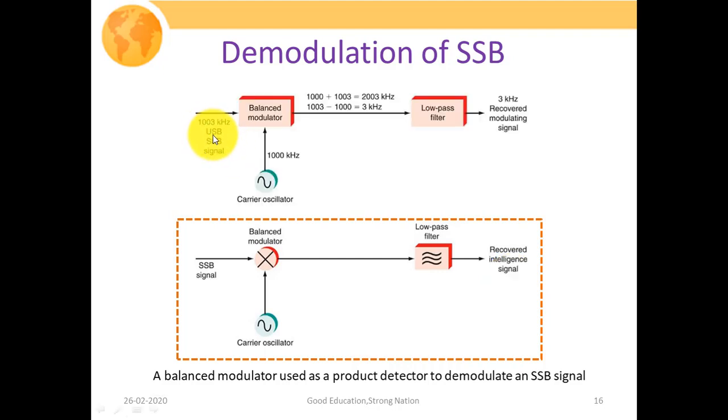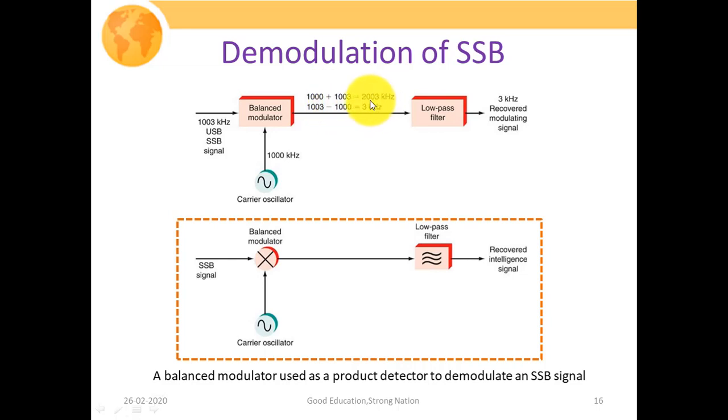Suppose at the input side we have an SSB signal with an upper sideband, and the frequency it is carrying is 1003 kilohertz. The second input to the balanced modulator is the carrier signal, whose frequency is 1000 kilohertz. When we apply these two frequency components at the balanced modulator, we will have one with the plus sign, which we call the upper sideband, and one with the negative sign, which is called the lower sideband.